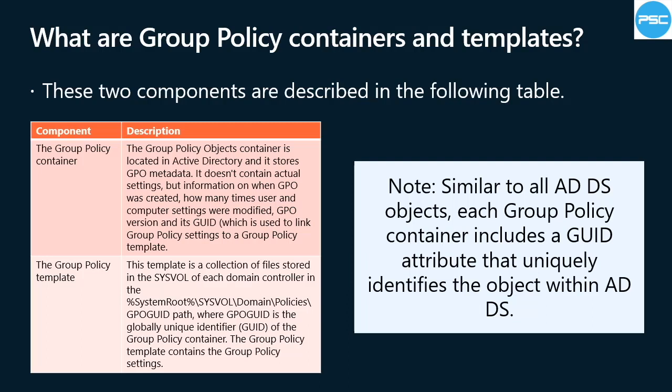By default, when group policy refresh occurs, the client-side extensions apply settings in a GPO only if the GPO has been updated. The group policy client can identify an updated GPO by its version number. Each GPO has a version number that increments each time you make a change. The version number is stored as a Group Policy Container attribute and in a text file, GPT.INI, in the Group Policy Template folder.